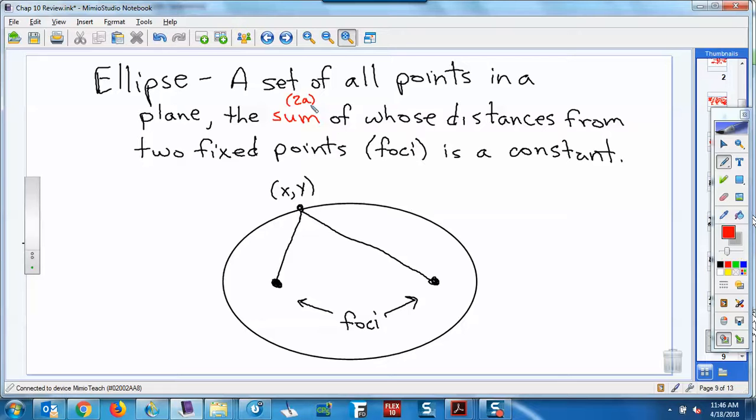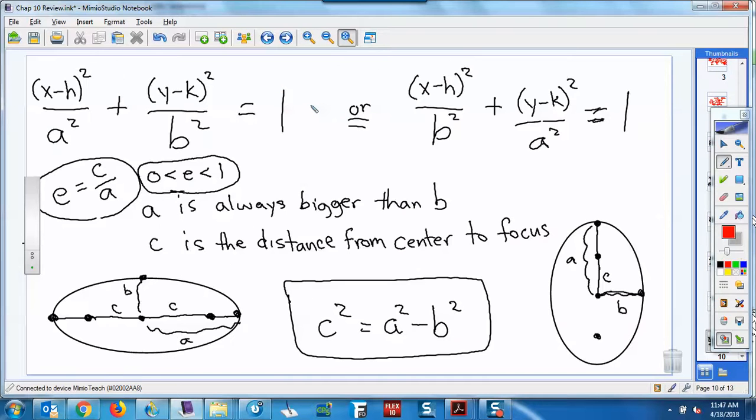But there might be a couple in there about the definition or something with eccentricity, but not a lot. All right, so ellipse. I don't think we need to go through all that because we just got done with that quiz. But your basic equations, we talked about the eccentricities between 0 and 1. A is always bigger than B in an ellipse.